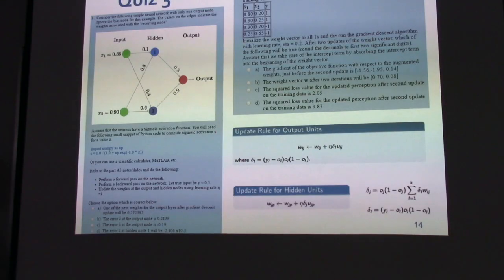For this kind of question, both the input and the hidden nodes will be very small, so I don't think you need to use the gradient algorithm to calculate.